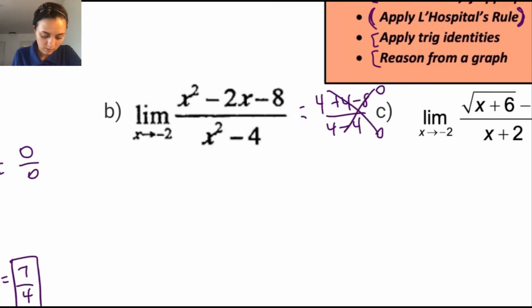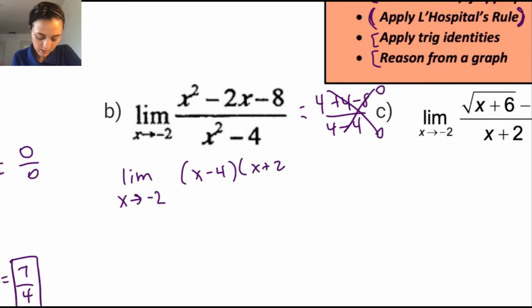Factored, the numerator can be factored like this, and the denominator is what's called a perfect square. So that means I can take the square root of x squared, I can take the square root of 4. It looks like this.